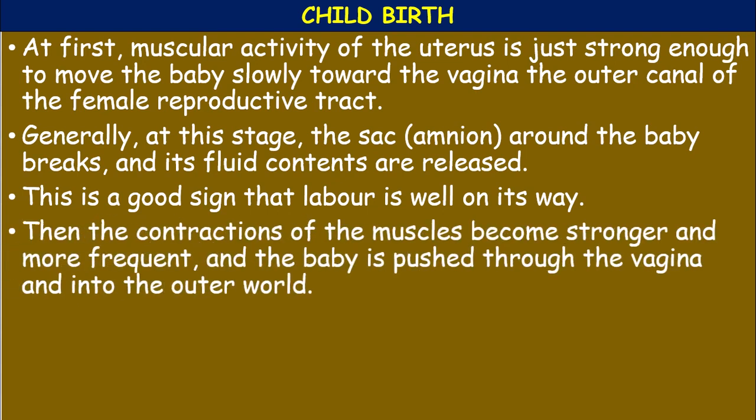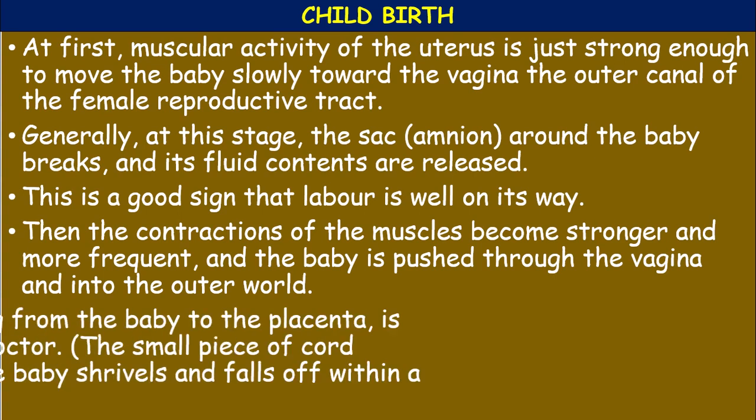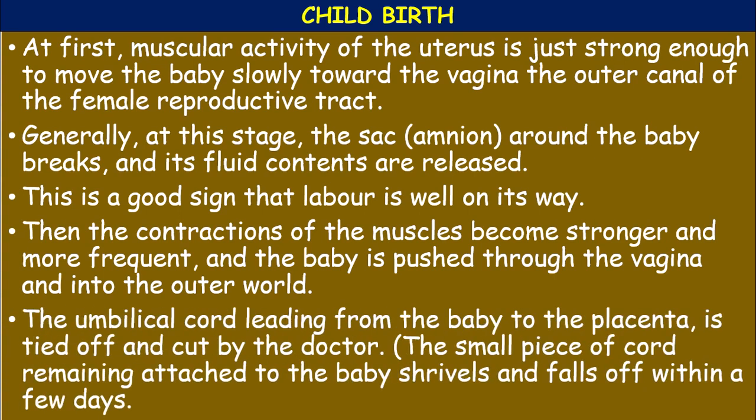The contractions become stronger and more frequent, and the baby is pushed through the vagina and into the outer world. The umbilical cord connecting the baby to the placenta is tied off and cut by the doctor. The small piece of cord remaining attached to the baby shrivels and falls off within a few days.